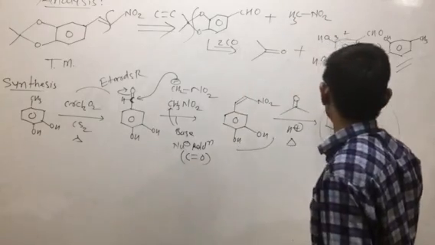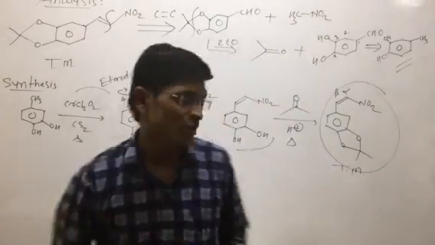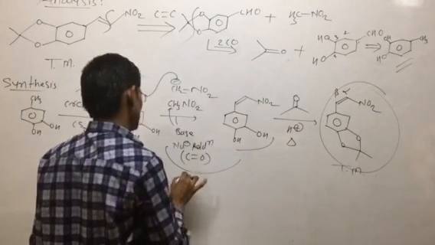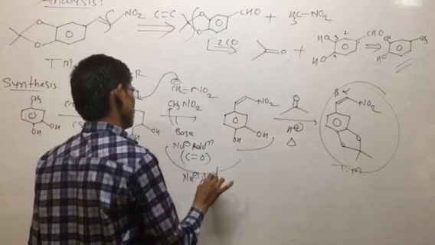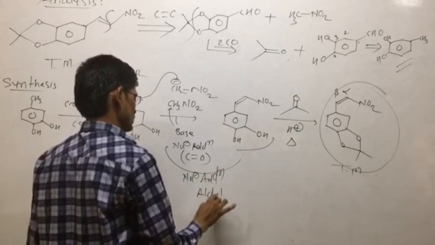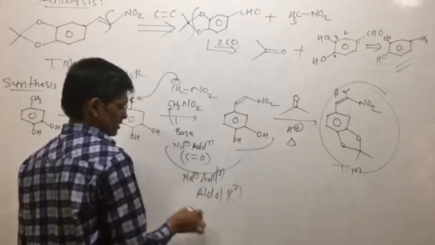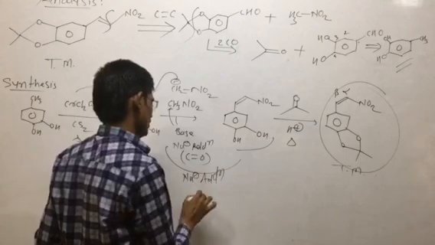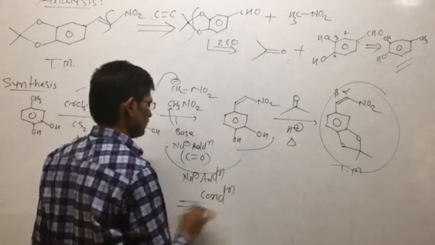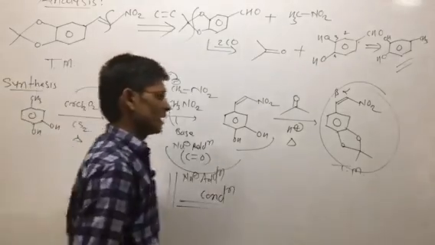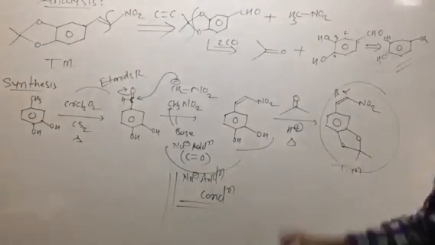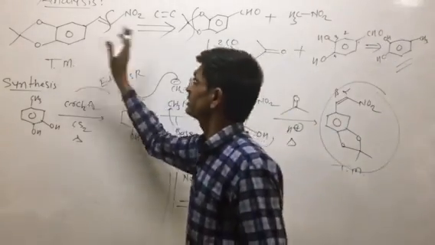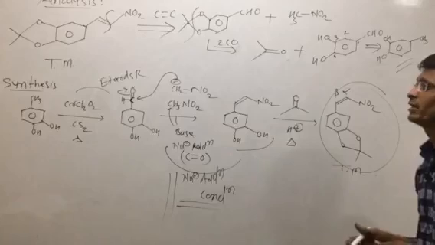Here we have nucleophilic addition followed by aldol reaction or aldol condensation, as part of the condensation reaction, then formation of the target molecule. So this is the retrosynthesis of the given target molecule.